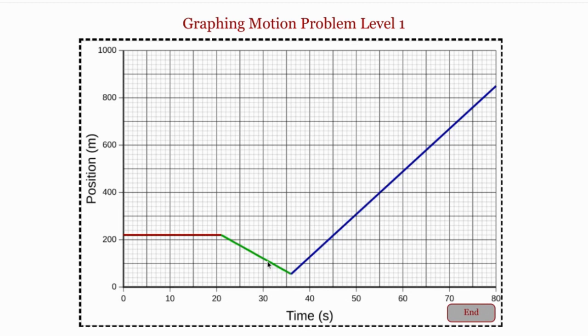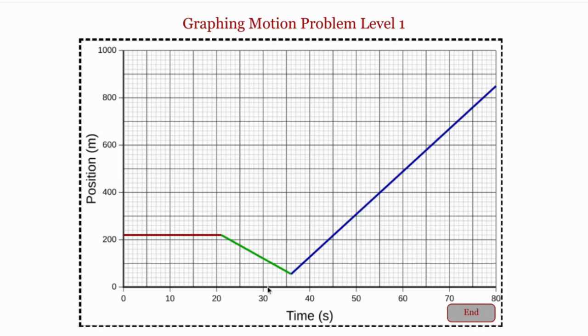All right, well, this green slope, what am I going to do here? Same process. I need to do rise over run, right? Well, I need to pick 2 points off this line. This first point is pretty good up here because I know it's at 220. These little boxes go up by 20s, right? 20, 40, 60, 80, 100, okay? So right there at 21 seconds, the object is at 220 meters.